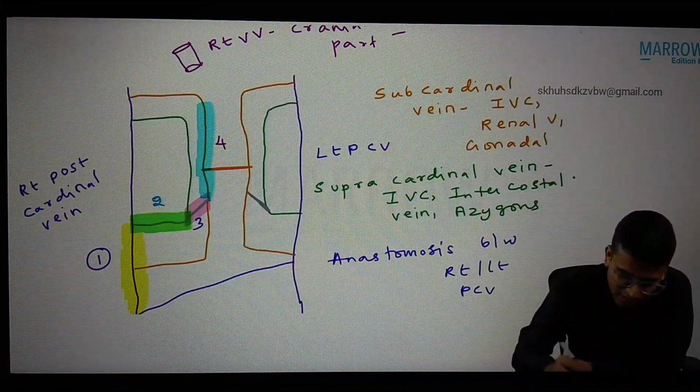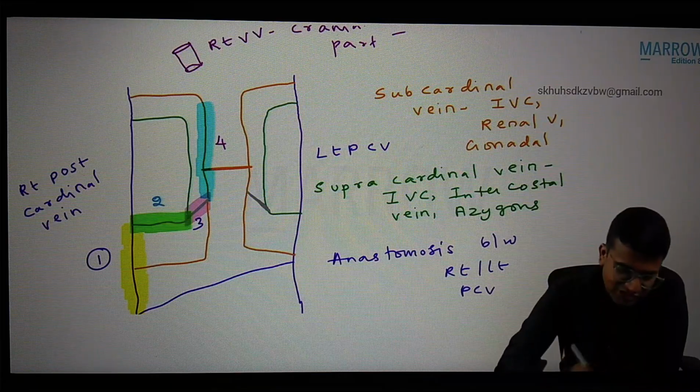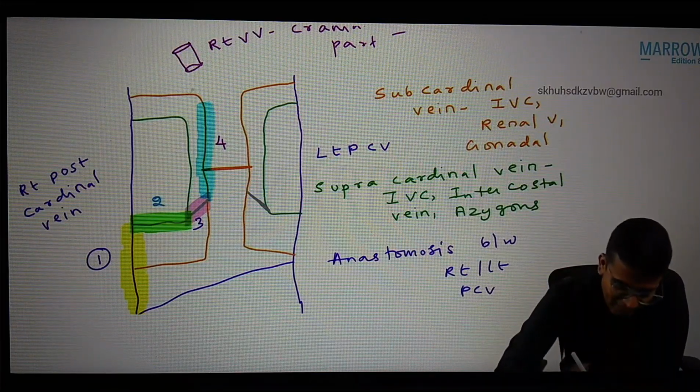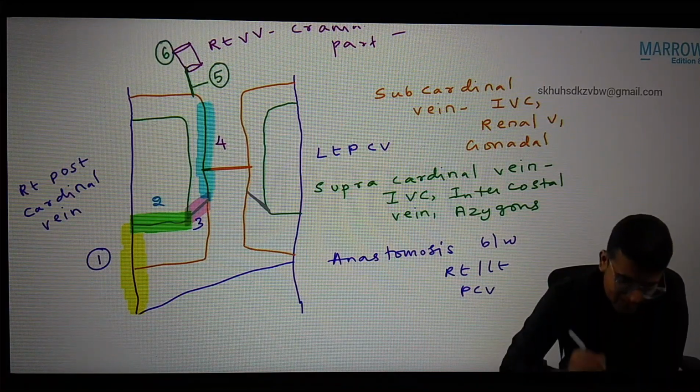Okay. And number five, we have anastomosis between the right vitelline vein cranial part and the subcardinal vein. I am marking this as number 5 and this is number 6.